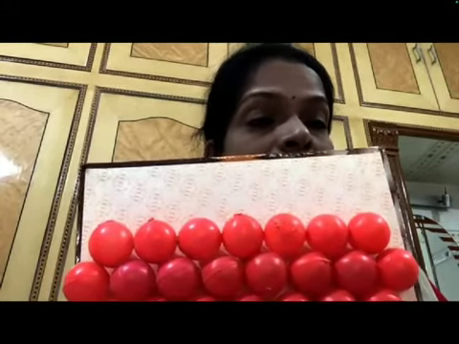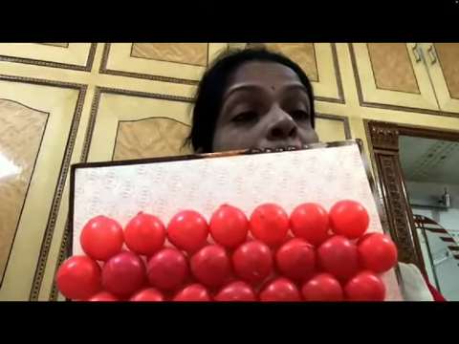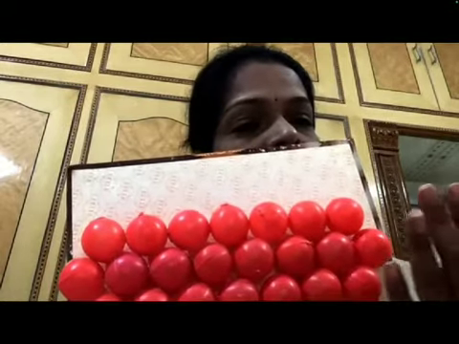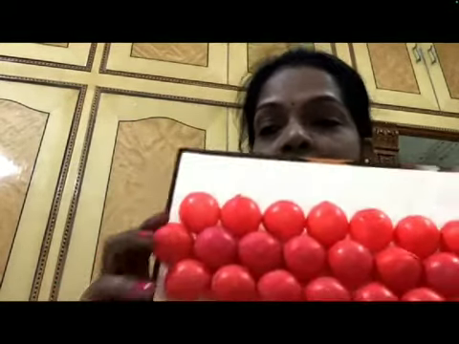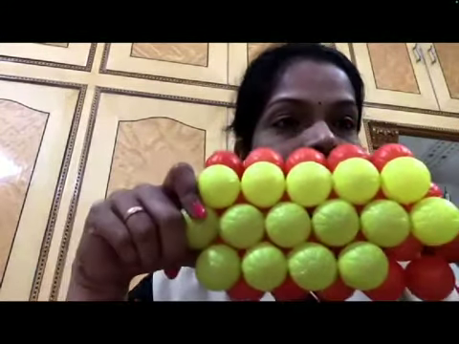So that different alignment and that layer, what we are getting, is called B layer. To show that different alignment, I'll show the second layer alignment also like this.